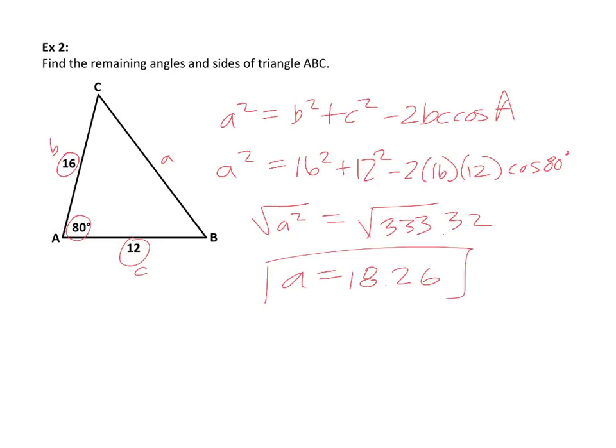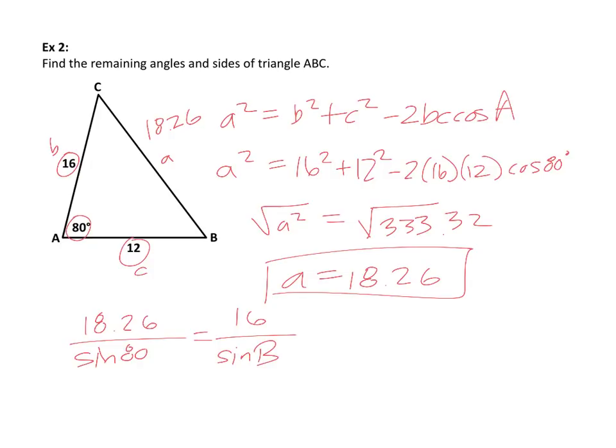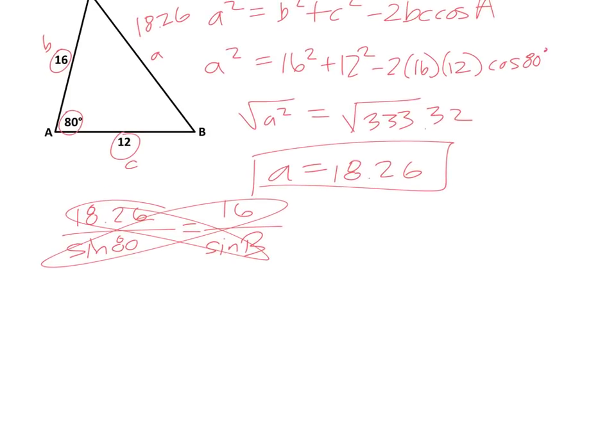Now I could use that with the law of sines. So 18.26 over sine of 80 degrees is equal to, let's figure out B, 16 over the sine of B. So I cross multiply, and I have 18.26 sine of B is equal to 16 sine of 80 degrees.